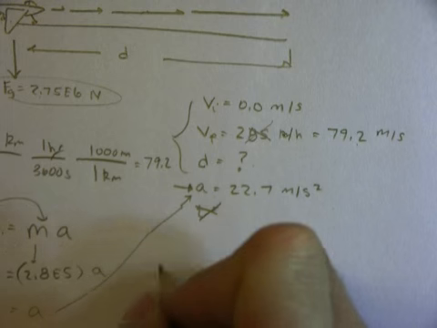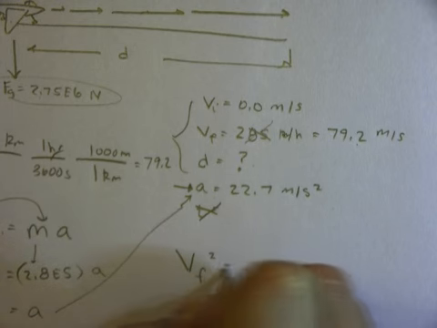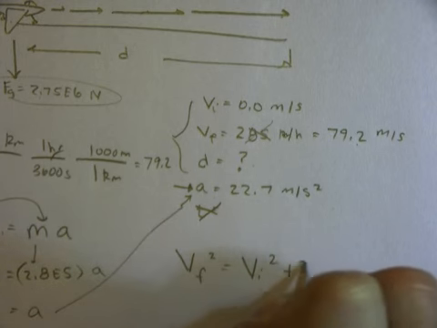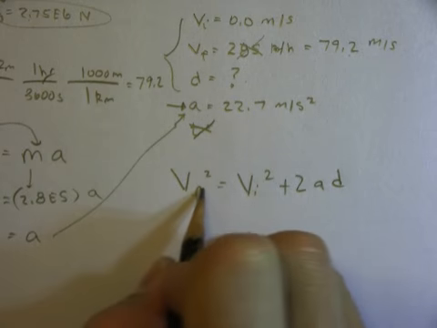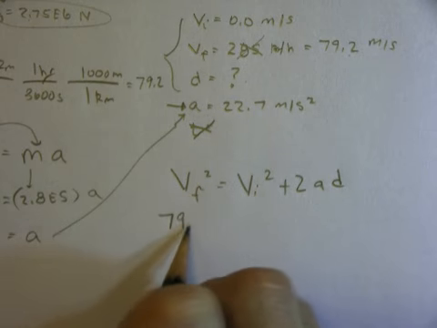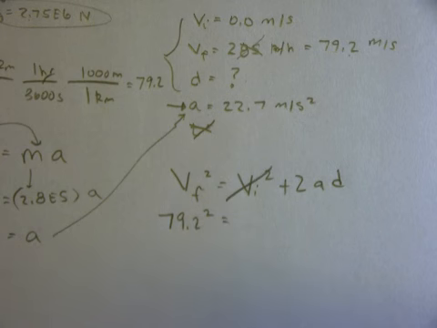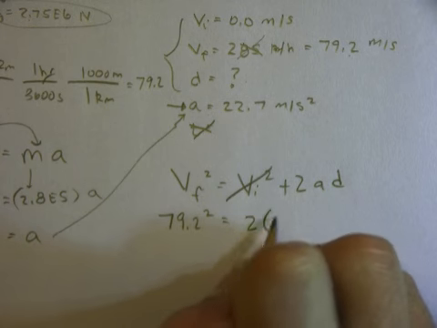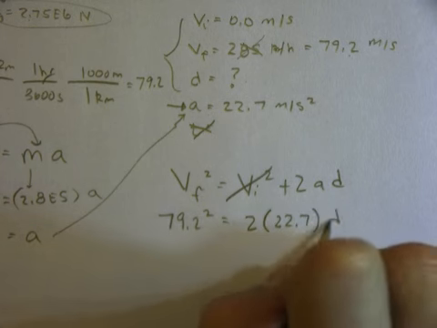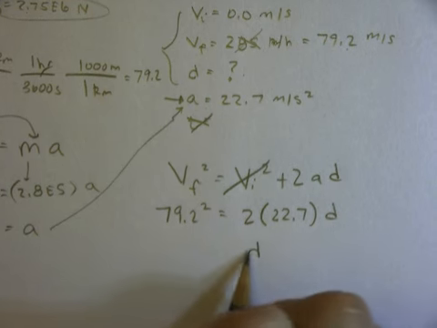Now the equation that doesn't involve time is Vf squared equals Vi squared plus 2AD. So now we're going to stick everything in. The final velocity, 79.2 squared. Initial velocity is 0. The acceleration is 22.7, and the distance d.